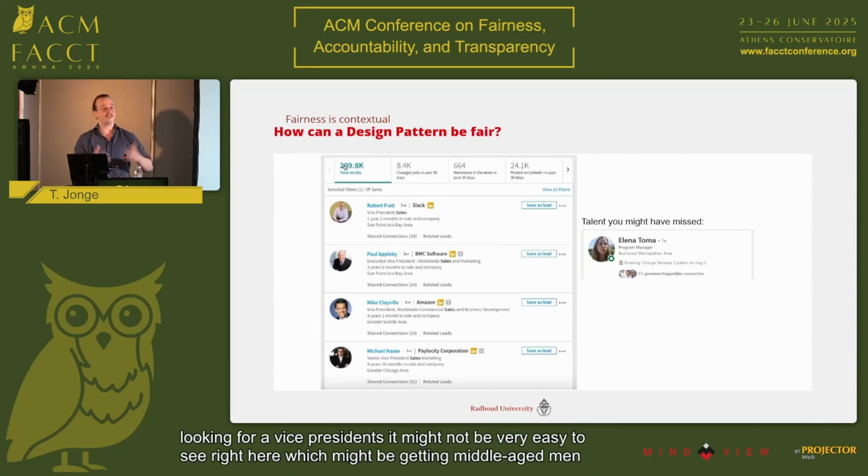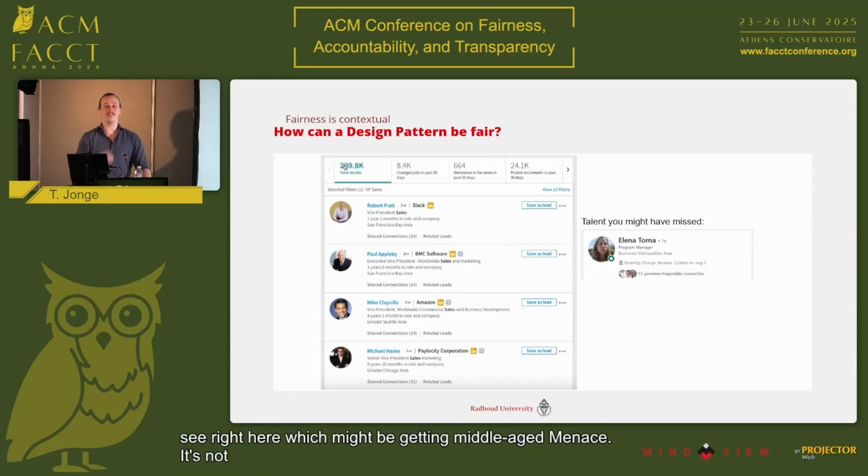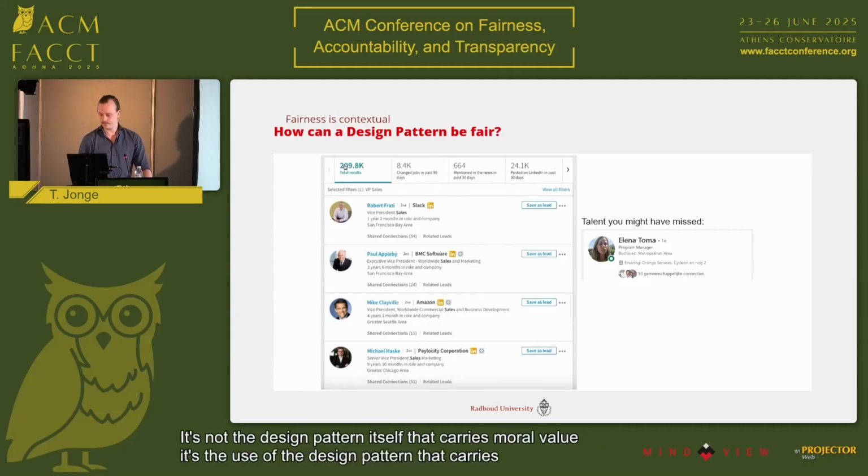In this way, this is highlighting a user. This is in effect the same design pattern being used. We are highlighting one object in a broader recommender system, used in two very different ways, and as such with two very different implications. It's not the design pattern itself that carries moral value, it's the use of the design pattern that carries the moral value.